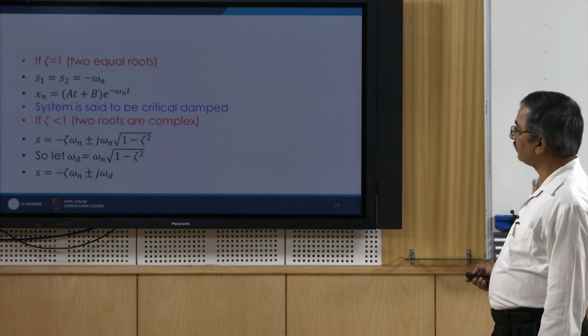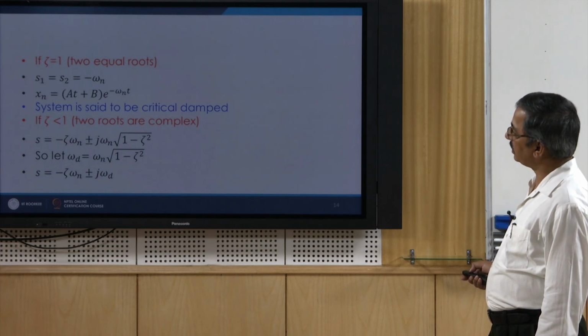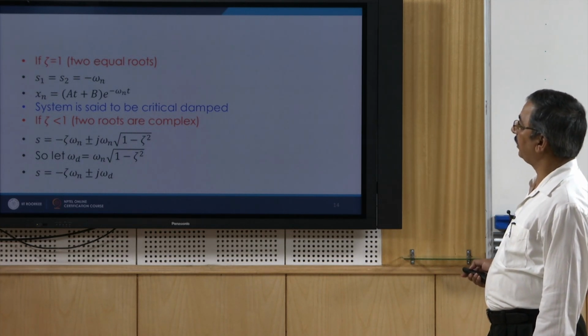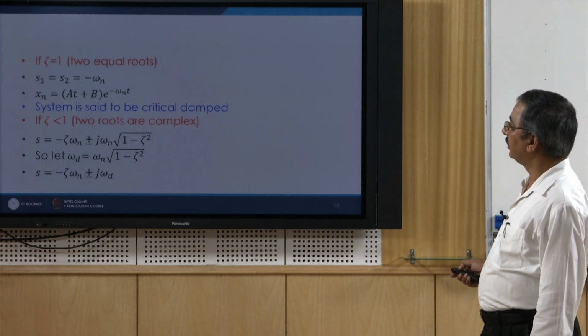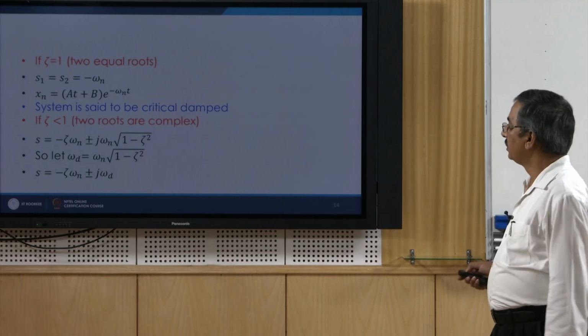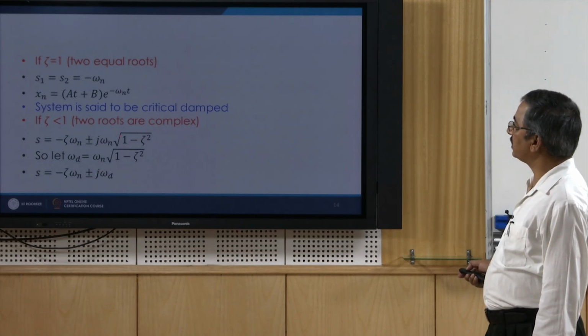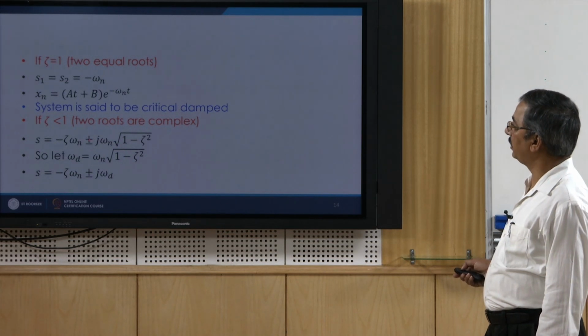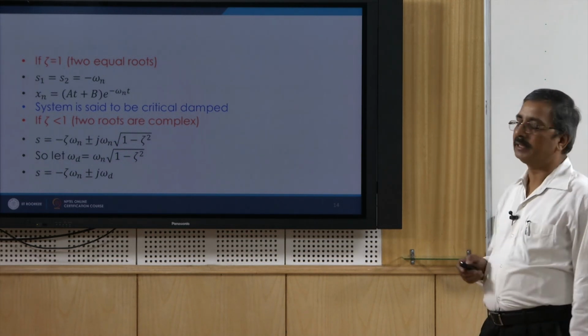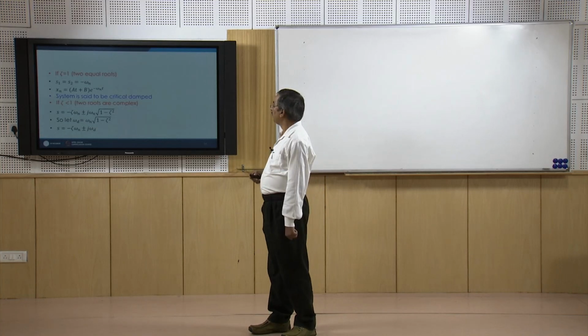So, s will be minus zeta omega n plus minus j omega n under root 1 minus zeta square, and here zeta is always less than 1. So, this number will be a positive number, but of course, that negative sign we have already taken care of by introducing j here.